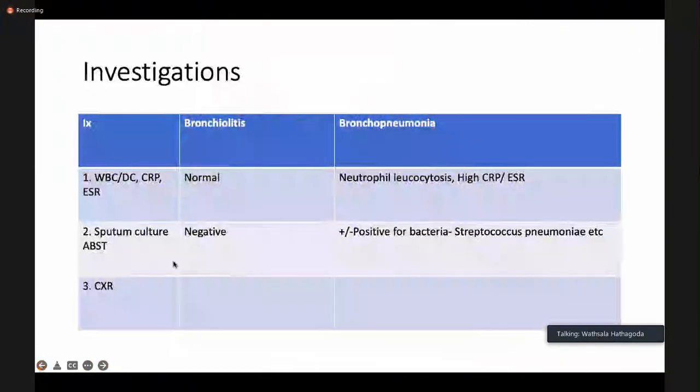Right. The other test is the sputum culture. In bronchiolitis, as you said, it's mostly due to viruses, so you won't get any yield. But if it is bronchopneumonia or lobar pneumonia, sometimes you might see a positive bacteria. Likewise, you can categorize your investigations.